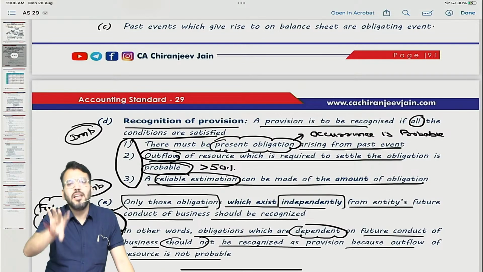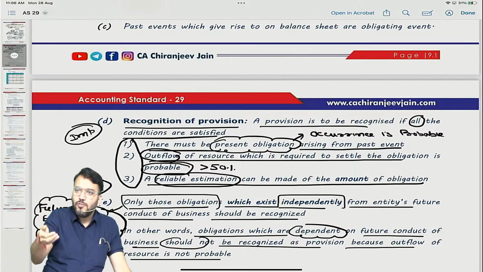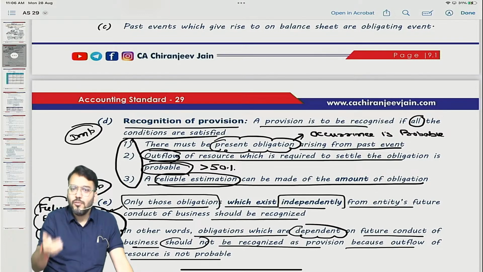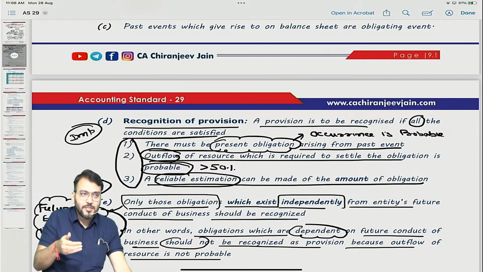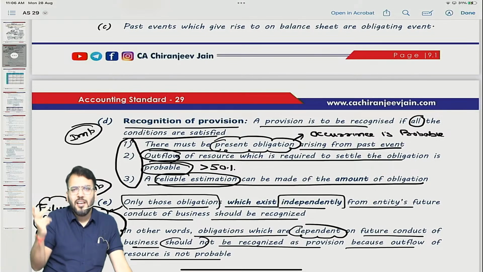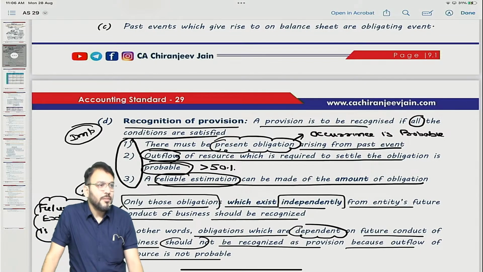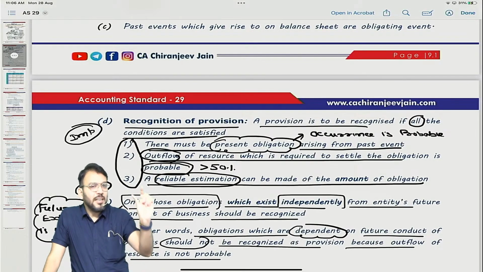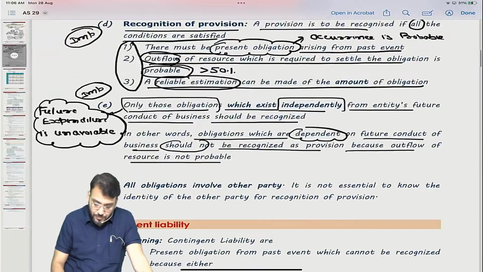So we normally say PL account debit to provision. But the better entry is what? First expense account debit to provision and then PL account debit to expense. Correct? So normally in CA Foundation you might have done PL account debit to provision. That PL is nothing but the expense component. Understood? Yes sir.